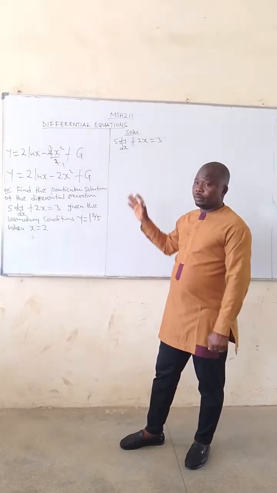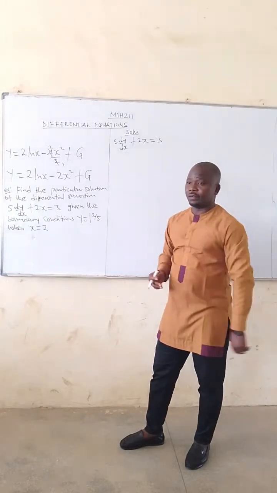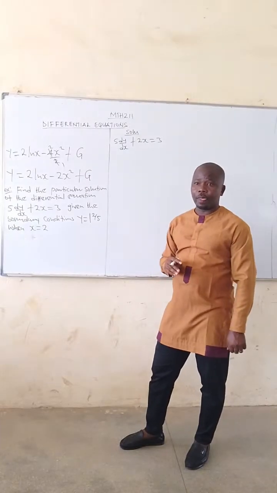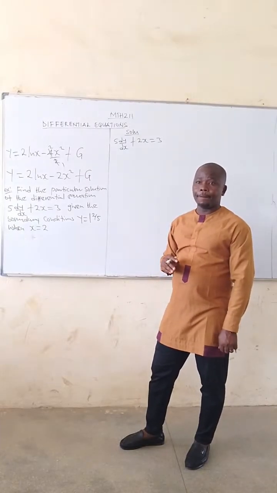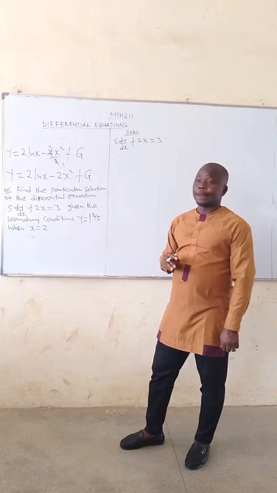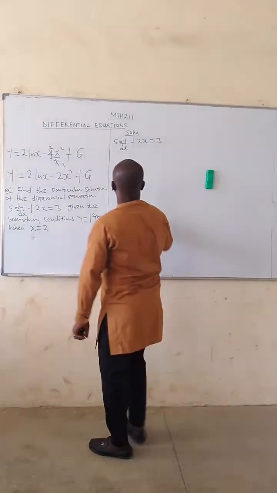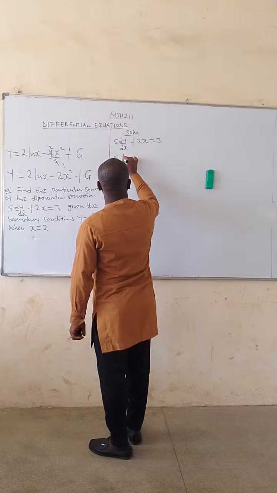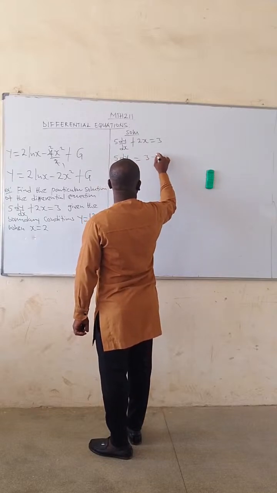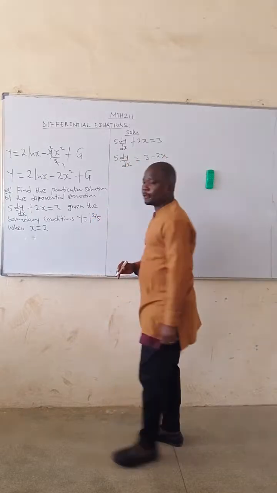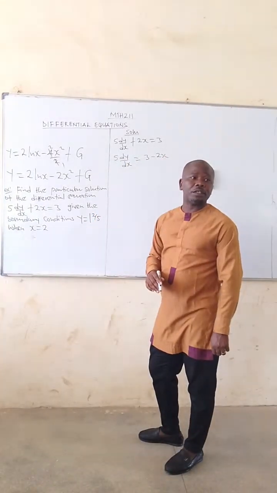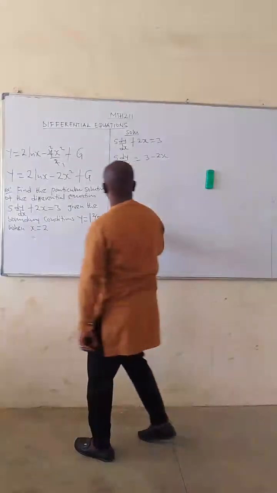So, since it is a first order differential equation, what do we do? Like terms, right? So, 5 dy all over dx is equals to 3 minus 2x. True or false? Then what else? Cross multiplication, right?